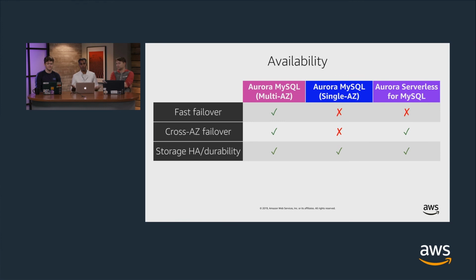And if we run out of our warm pool, we're somewhat at the mercy of EC2 in terms of when we can replenish that warm pool and get you back up and running. So it could be a little bit longer before your instance is back up. With Aurora MySQL multi-AZ, if the AZ goes down, you'll fail over right away, and you'll be up and running very quickly. With the Aurora MySQL single AZ, you have to wait until that AZ is back up.